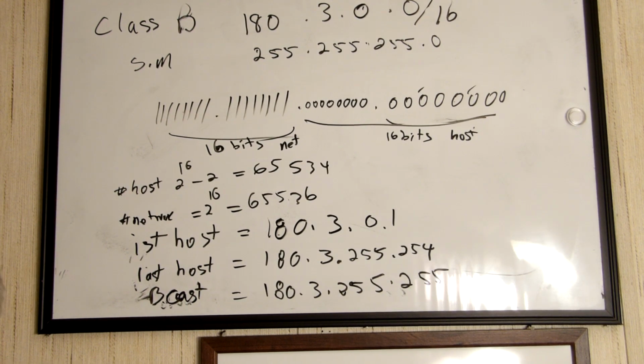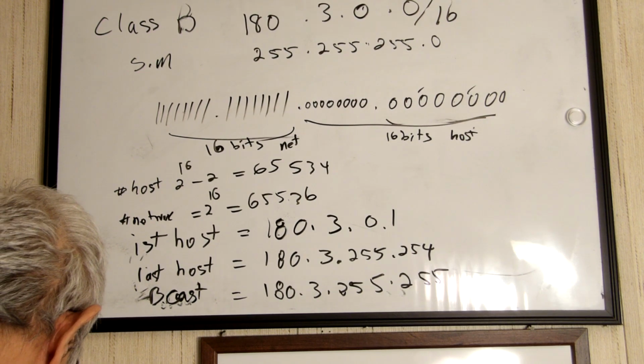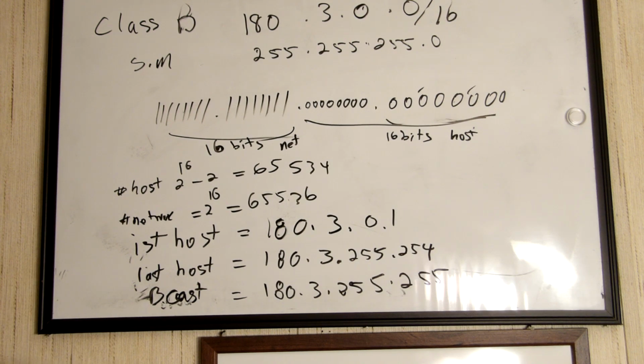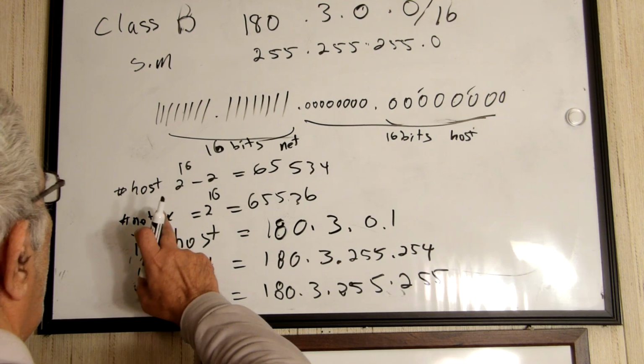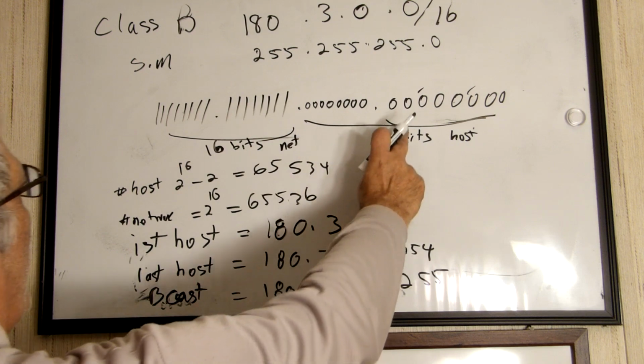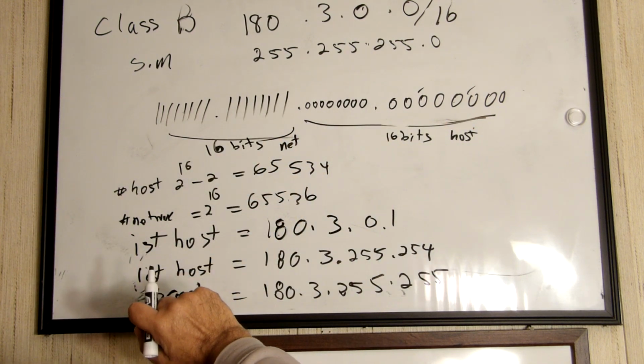Now we talk about Class A. To summarize what we see: there are 16 bits of hosts and 16 bits of network.